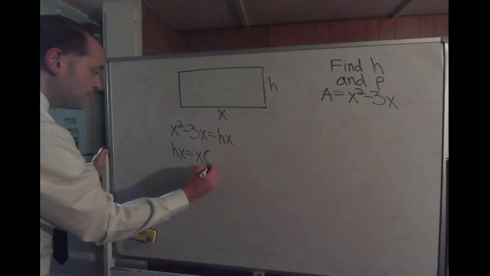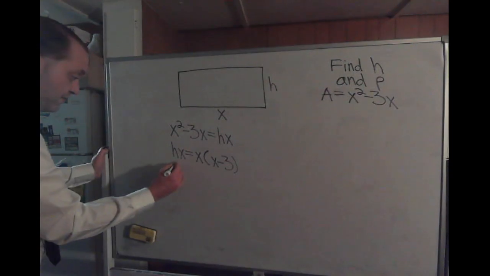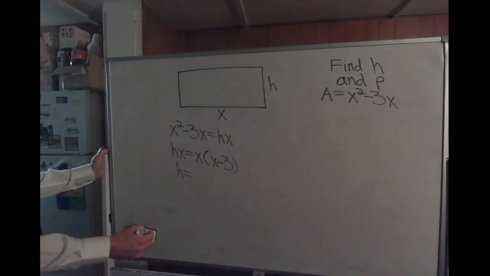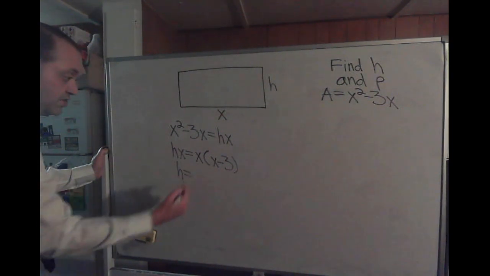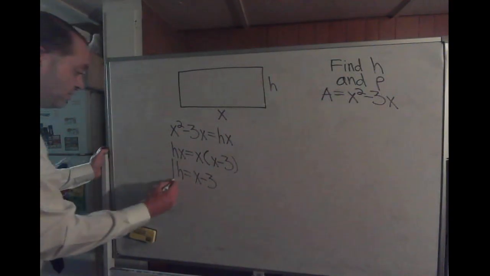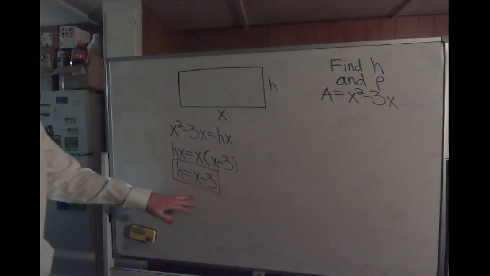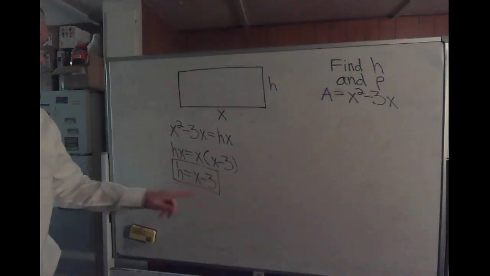That would just give you x times x minus 3. To find the height, you divide both sides by x, and it would just be x minus 3. So we found the length of the height to be x minus 3. Then we have the length of the base to be x.